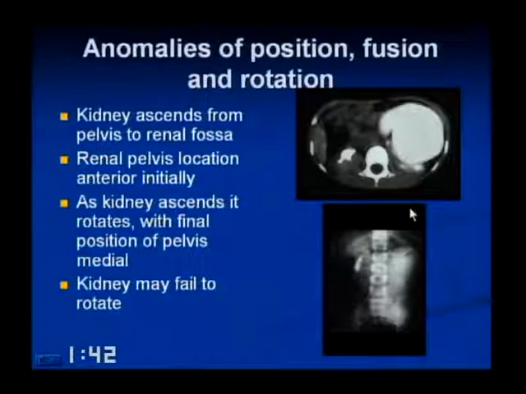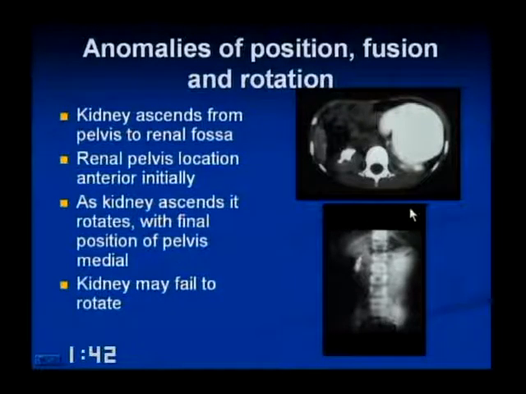Okay. When the kidneys ascend from the pelvis to the renal fossas, initially the renal pelvis are pointed anteriorly, and as the kidney ascends, the pelvis rotates so that the pelvis point towards each other, and sometimes this fails to happen.